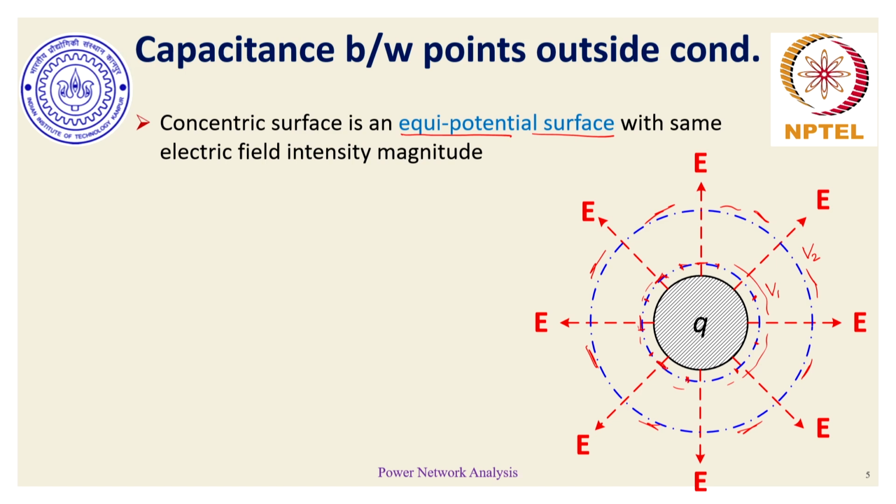And as I mentioned, the intensity of the electric field lines is the same because the charge distribution on the conductor surface is the same, so no matter which point I take, the electric field lines have to be the same. If I take the orthogonal surface at the same distance from the center of the conductor, let's say this is R1, this is also R1, R1 is different from R.